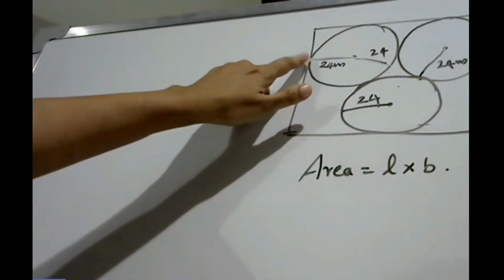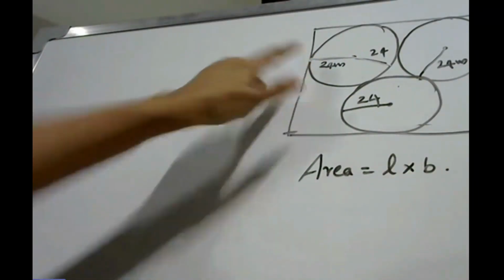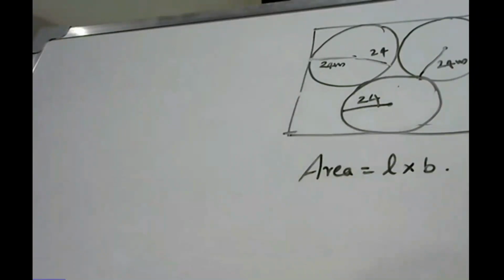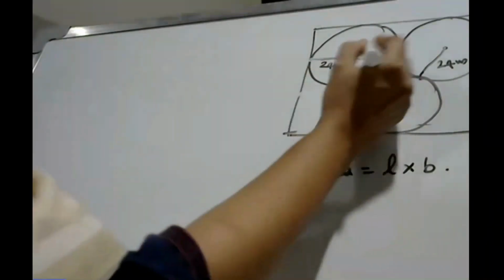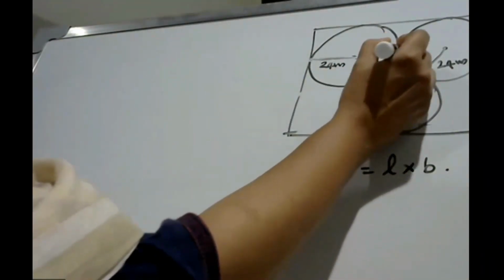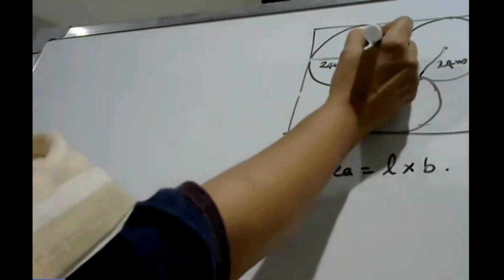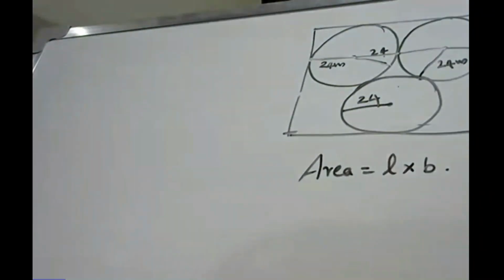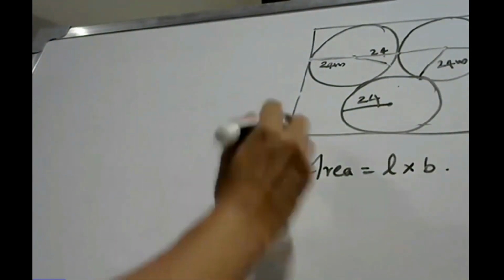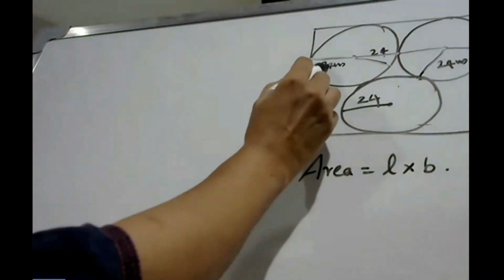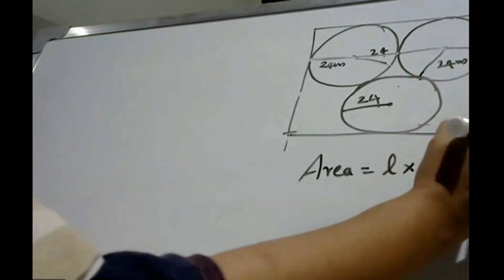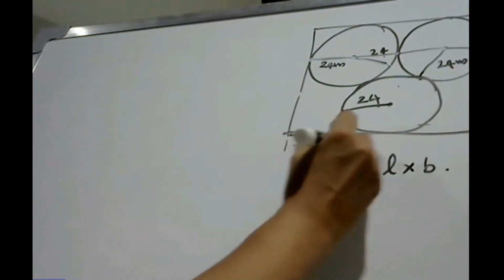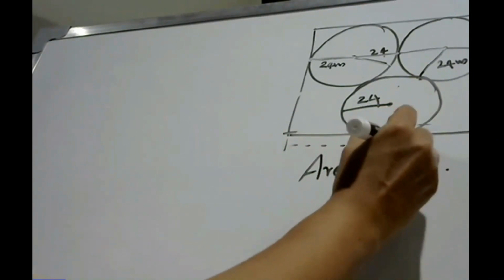And there is a point where the circle meets the rectangle, so that is 24. And the meeting point of these two is also 24. Again, this is 24. Here it's also 24. So the length in total is 4 times 24. Length is equal to 96 mm.